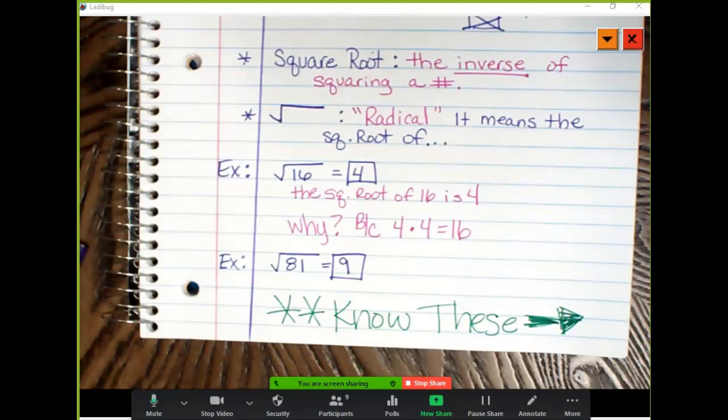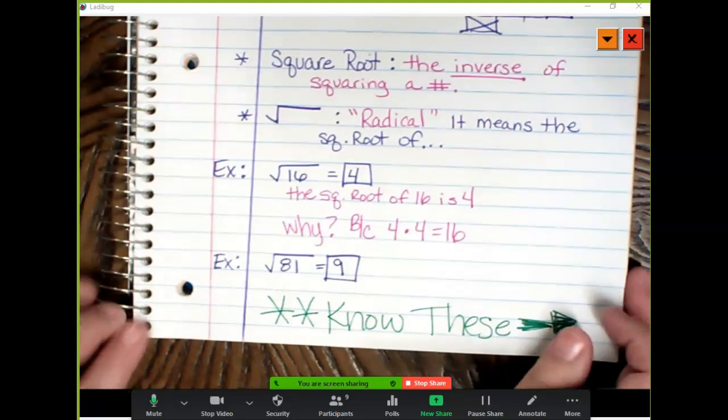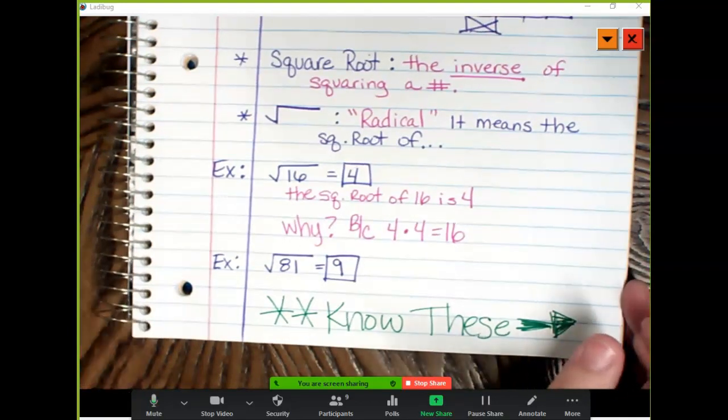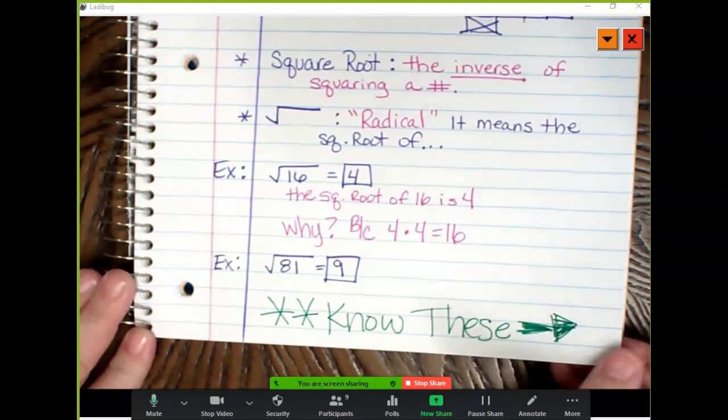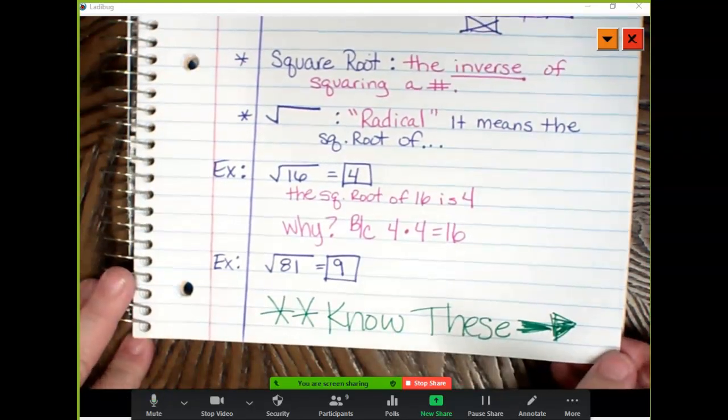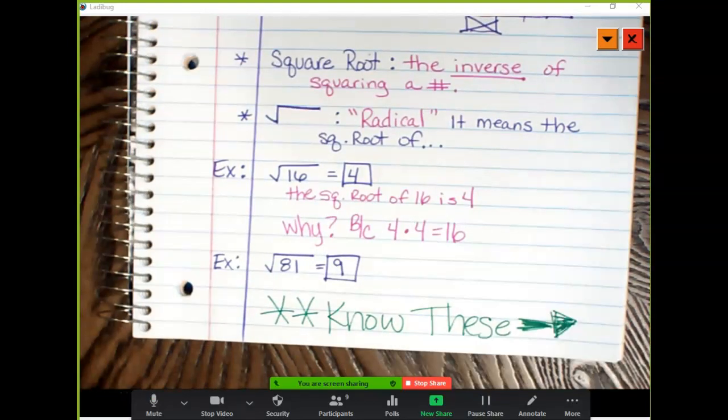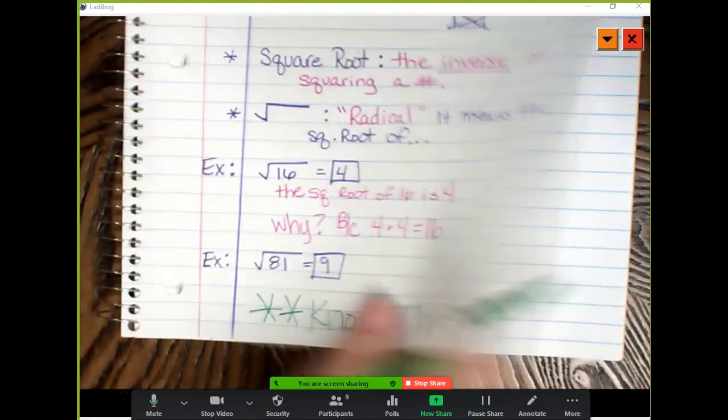We're going to be writing our perfect squares and our square roots that we need to know. Most of them you already know, except maybe 3 of them. Can I turn the page? Yes, ma'am. Okay, I'm not hearing anybody object.